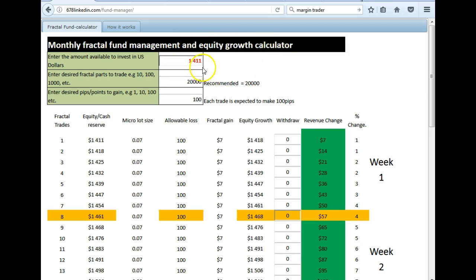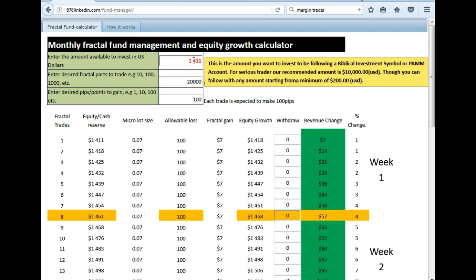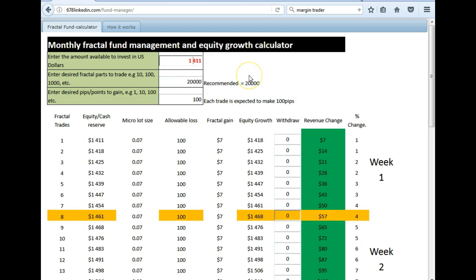Let's take an example. At the start of the month of June 2017, my starting equity was 1,411. So it means that this 1,411 is divided into small parts. And the cost of the smallest part, micro-size lot size, was to me something around 0.07.